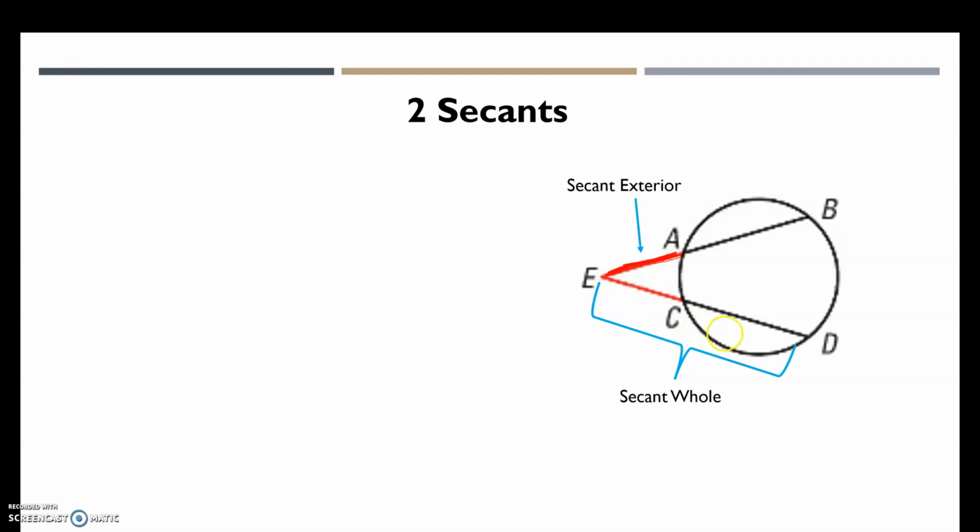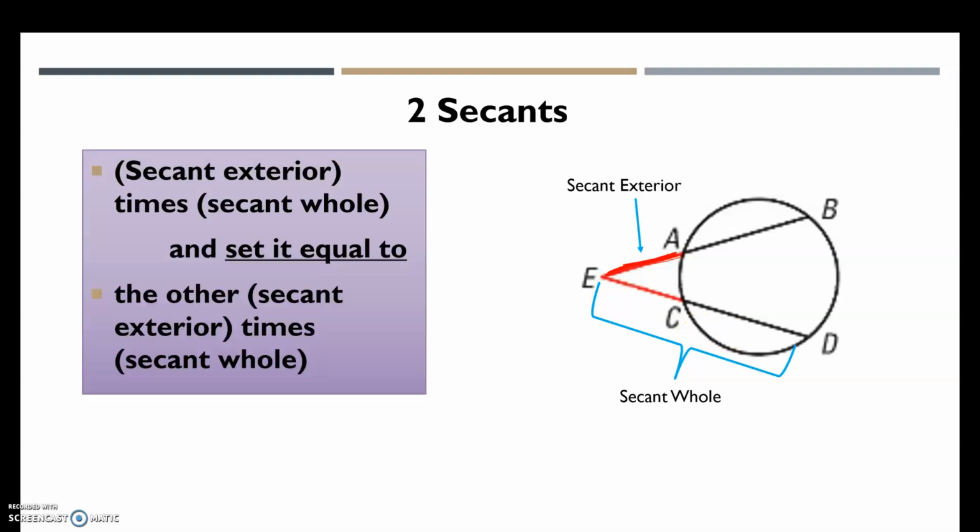Now that's important for us because in order to find the lengths of two secants, you're going to multiply the exterior, the secant exterior, times the entire secant, and you're going to set that equal to the other exterior times the whole. So it would look like this.